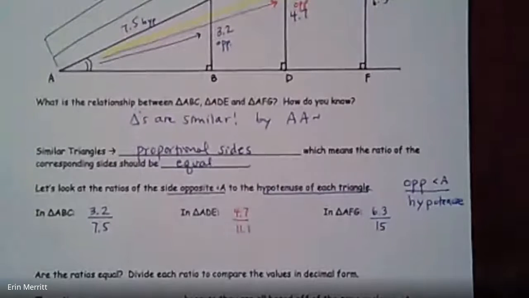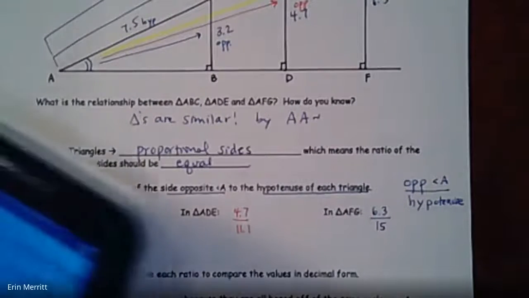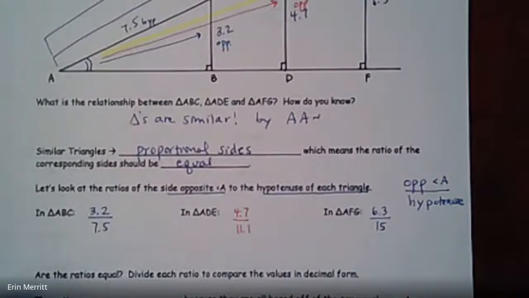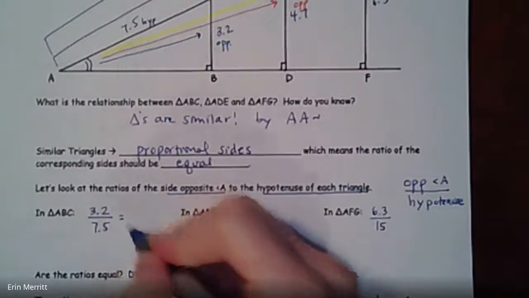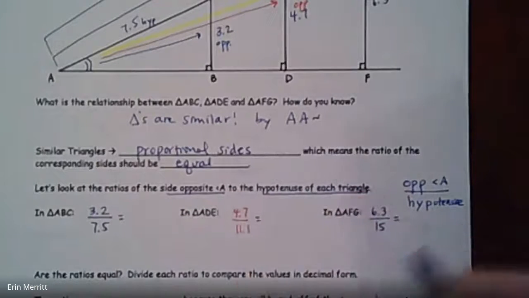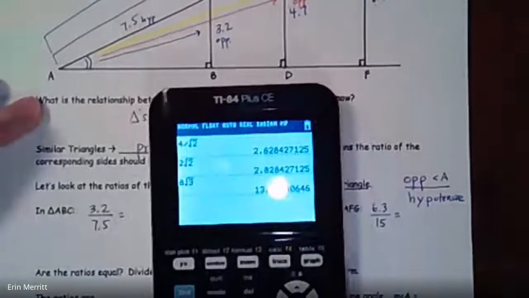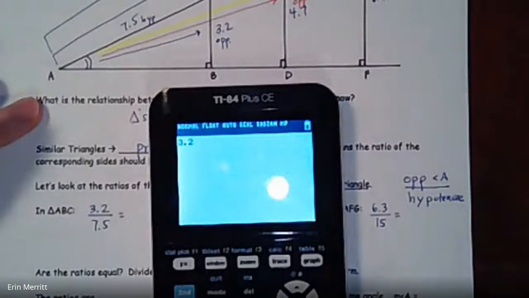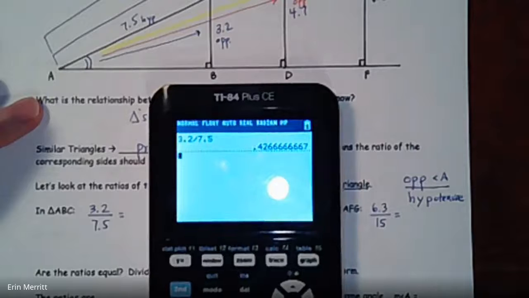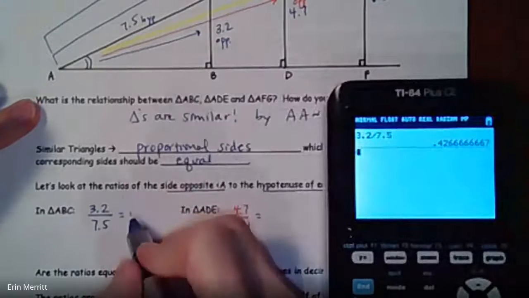All right. If we divide these out, they may not fracture into nice answers. So our best bet is actually to turn them into decimals so that we can compare them. So if I take on my calculator 3.2 divided by 7.5, that gives me 0.426 repeating.